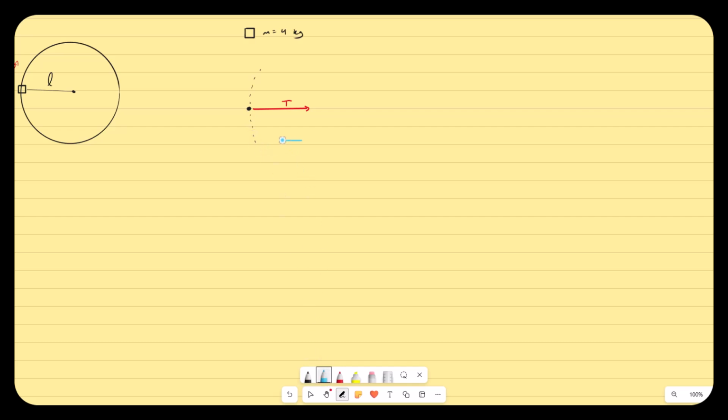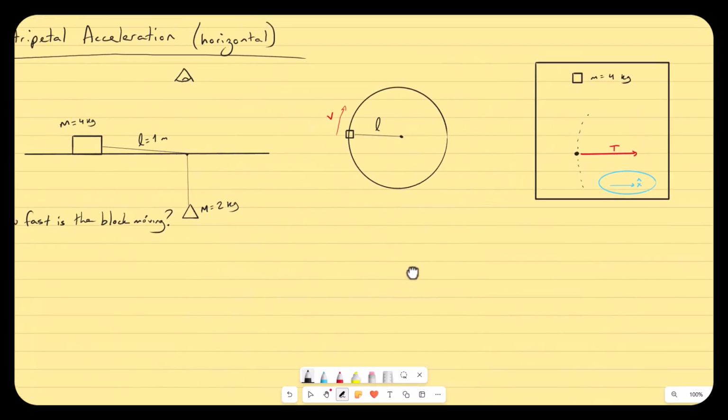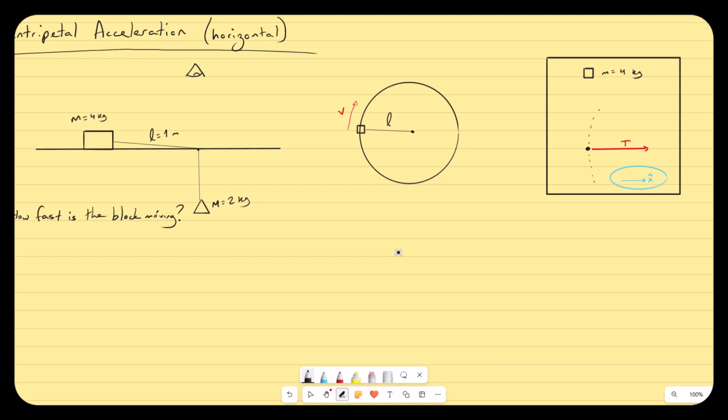So I'm going to call that my positive x-axis, and that's my free body diagram for the block. Now, the triangle, that one's going to matter. If the block moves to the right, which I said was my positive x-axis, then this triangle moves down. So downward has to be the positive x-axis for the triangle.